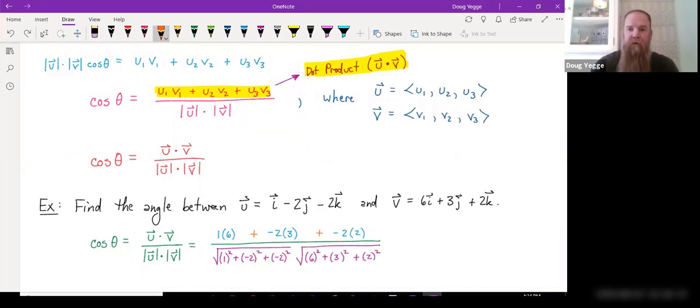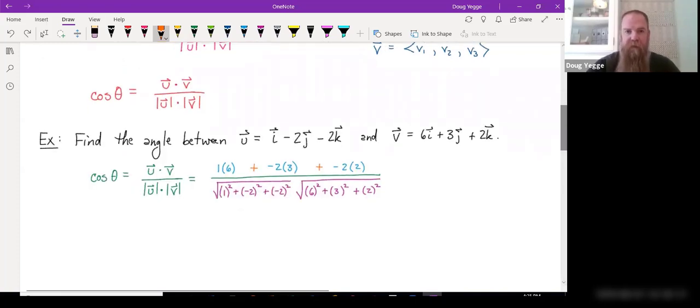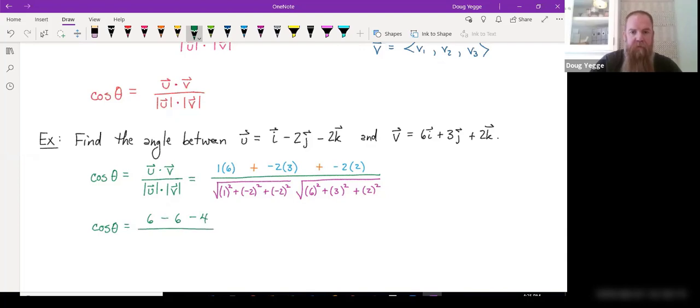All right. So what that means is that we could just simplify this a little bit by calculating the numerator and denominator. We get that cosine of theta is equal to 6 minus 6 minus 4 divided by the square root of 9 times the square root of 49.